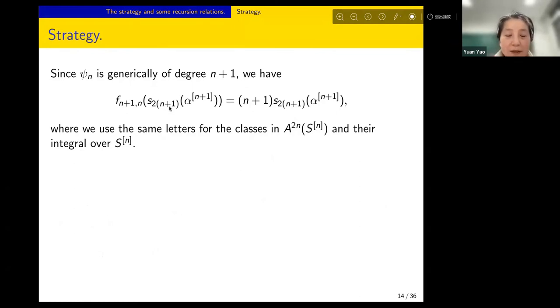And you have this formula. In principle, I should write the integration here and here, but for simplicity, I just write the same letters for the integration and the integral and also the class. You can think about the points: you push forward and you pull back, you get n plus 1 times the number of points.